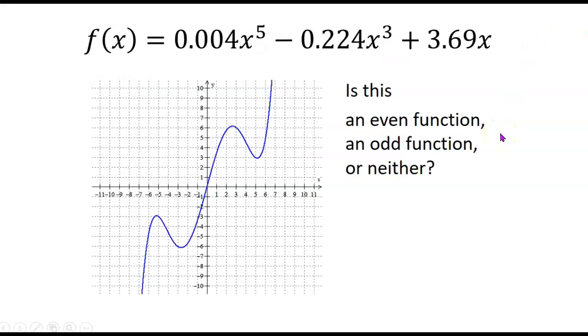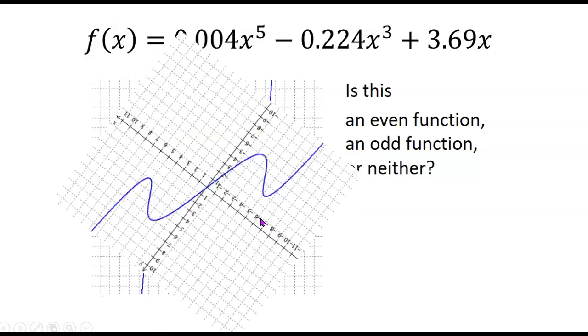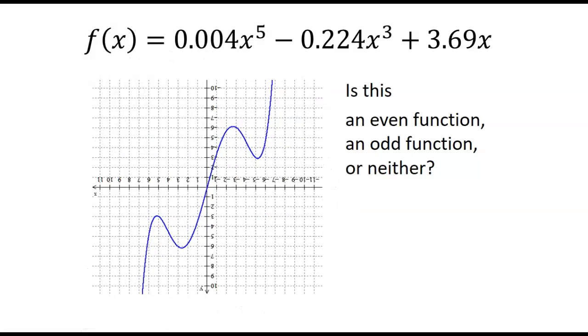What about this one? We haven't seen this before, but here's what the graph looks like. Is this an even function, an odd function, or neither one of these? Well, this graph is actually symmetric with respect to the origin. That means we could rotate the whole thing through 180 degrees, and it would match up with what we started with.